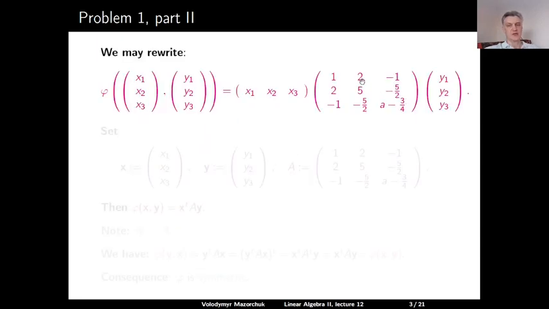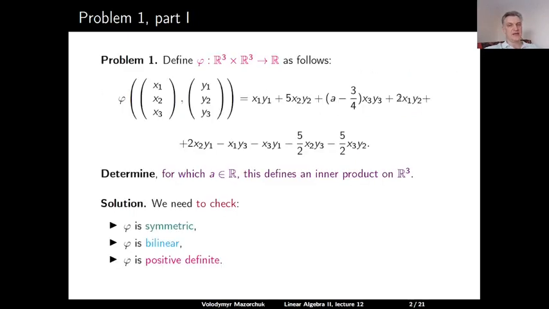So this is a matrix with the coefficients 1, 2, minus 1, 2, 5, minus 5/2, and then minus 1, minus 5/2, and a minus 3/4. And then the column matrix y1, y2, y3. So it is easy to check that if we multiply these three matrices together, we get exactly this long formula.